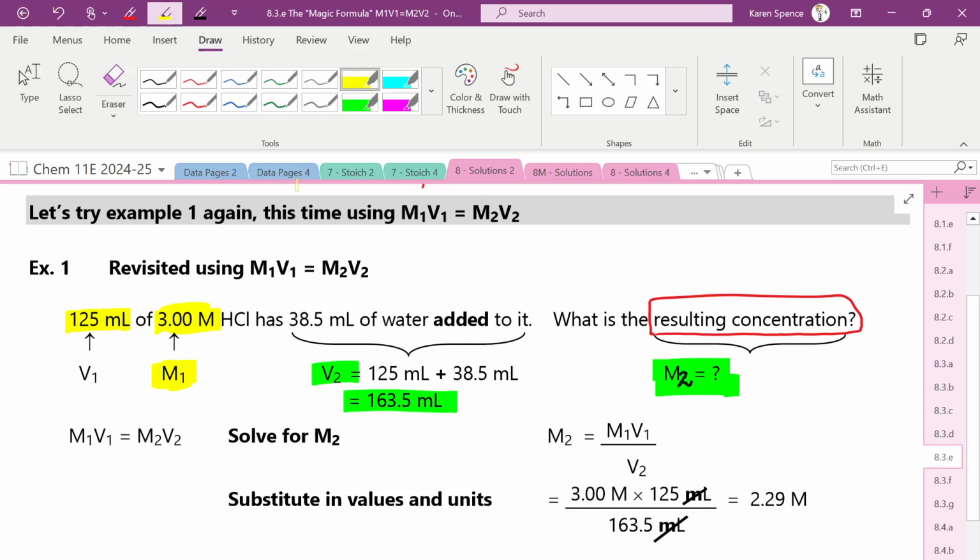And if I were actually doing this and I had highlighters, I'd probably be color coding for myself so I didn't mess up, because I do tend to suck at that quite badly. So I'd be like, okay, M1V1 is equal to M2V2. So I solve for M2, V2's on the bottom, and M1 and V1 are on the top.